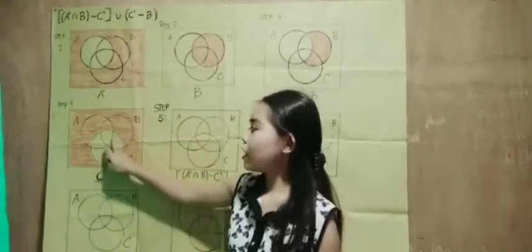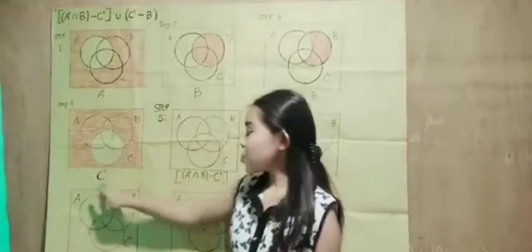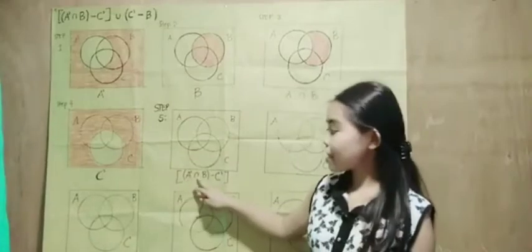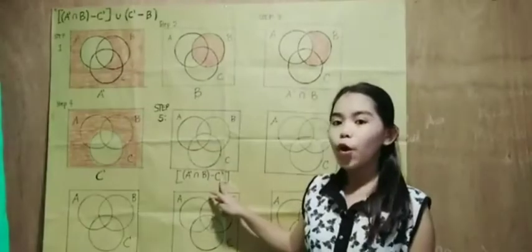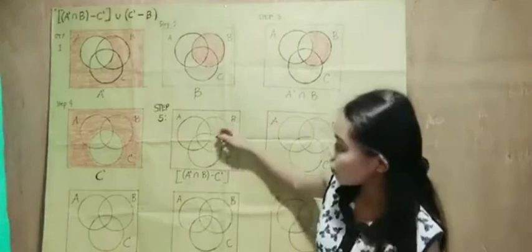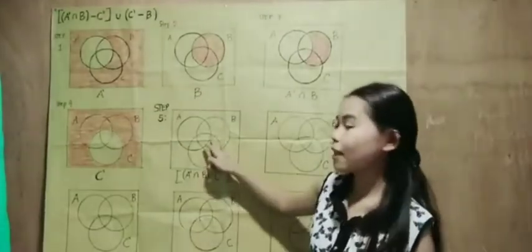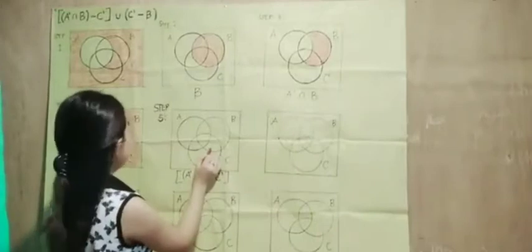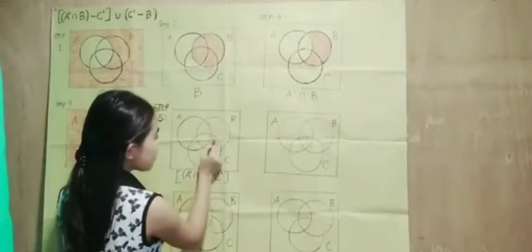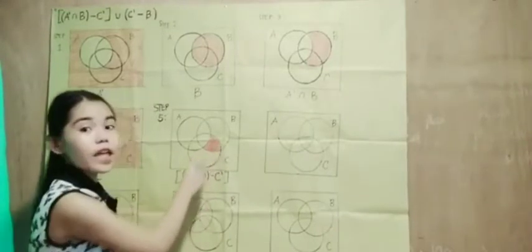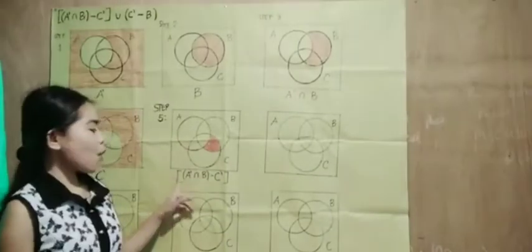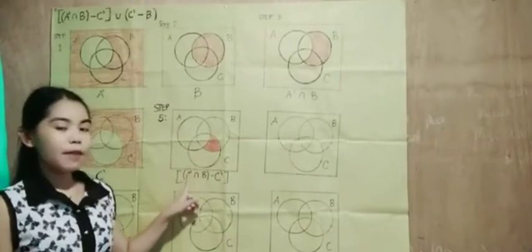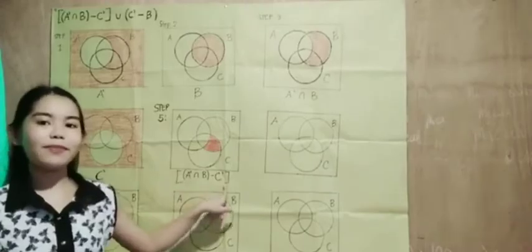So it is this area. So to answer A prime intersect B minus C prime, we also need to shade this area. So this is now our B minus C prime.